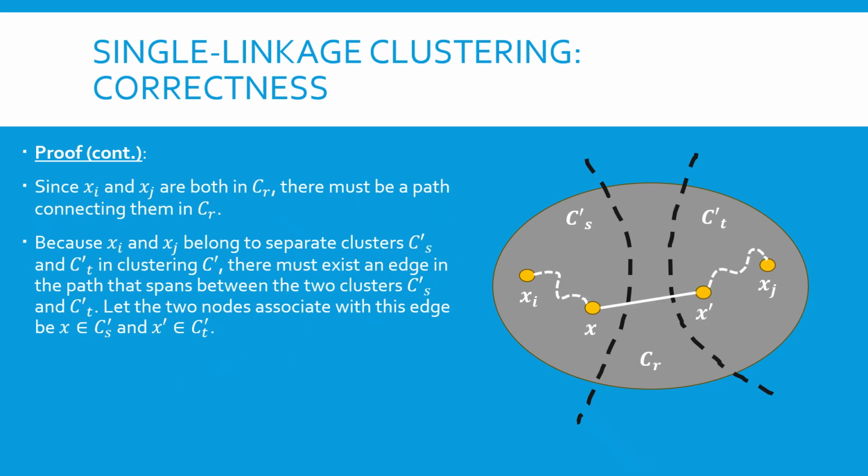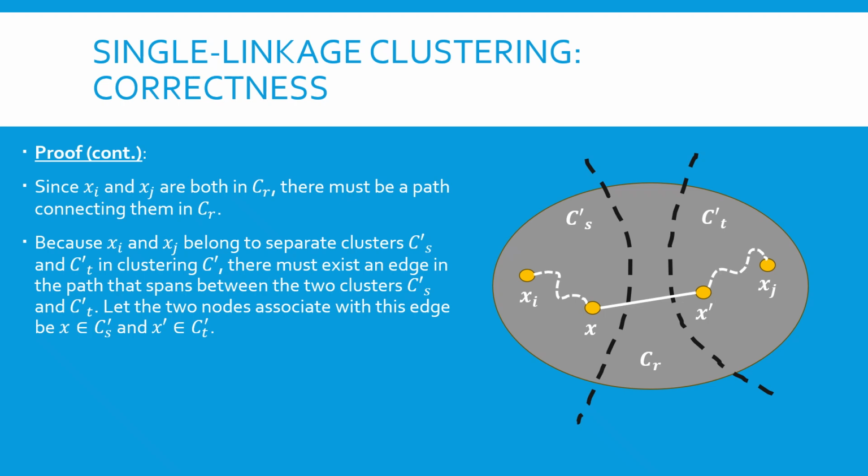Since xi and xj are both in cluster CR, they lie in the same spanning tree. So, there must be a path in C that connects xi and xj. Because xi and xj belong to different clusters in C prime, at least one edge on that path must cross between clusters C'S and C'T.